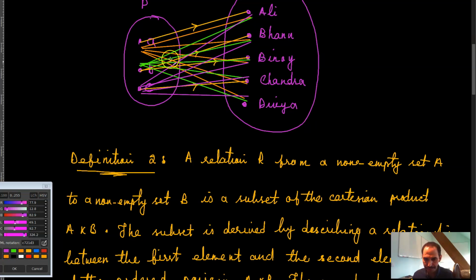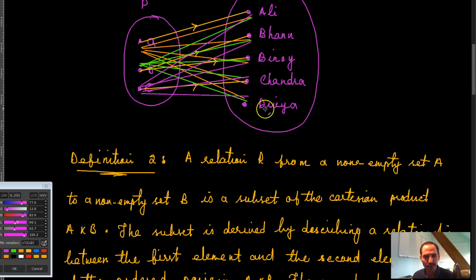So what that means is that I have a non-empty set A here, and a non-empty set B here, and a relation R, if I call the rule that I defined here a relation R, from a non-empty set A to a non-empty set B is a subset of the Cartesian product of A times B, meaning that I'm not considering all of these relations, A with Ali, A with Bahanu, A with Binoy, A with Chandra, A with Divya, and so on and so forth.